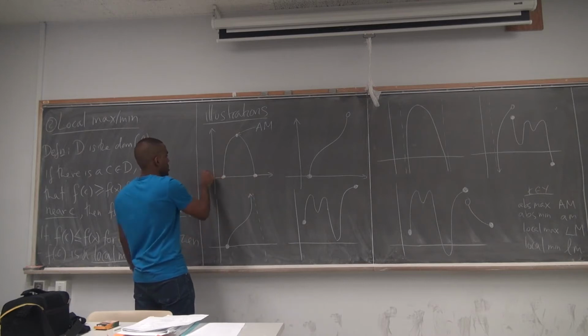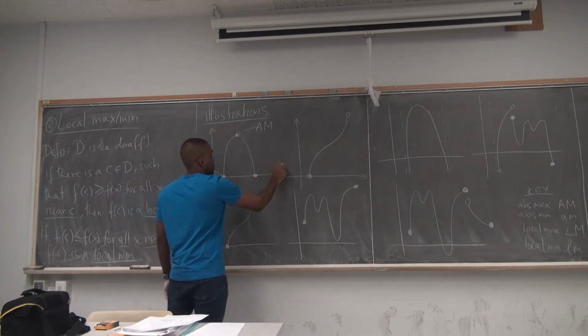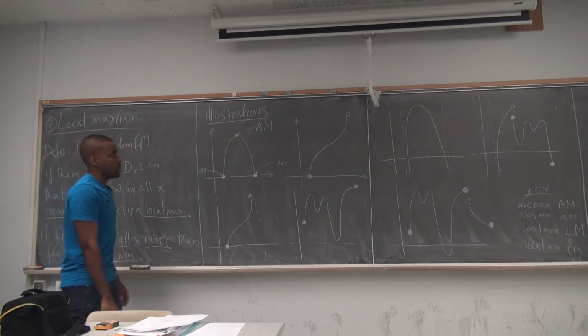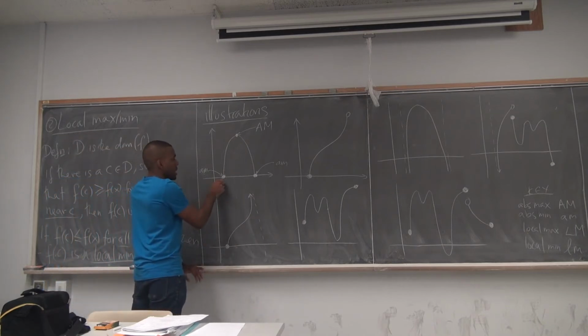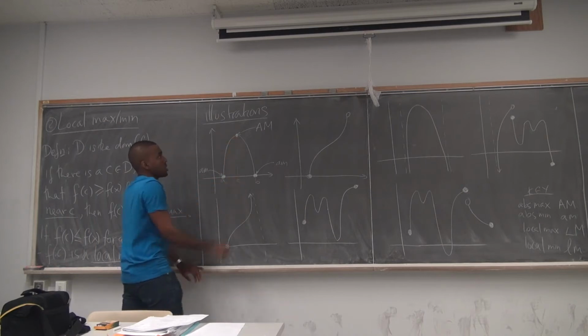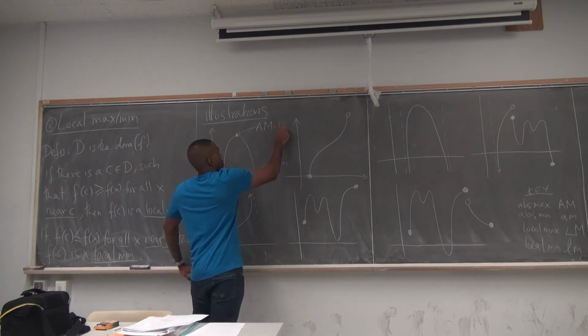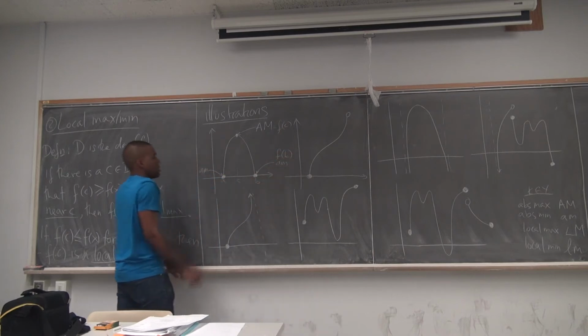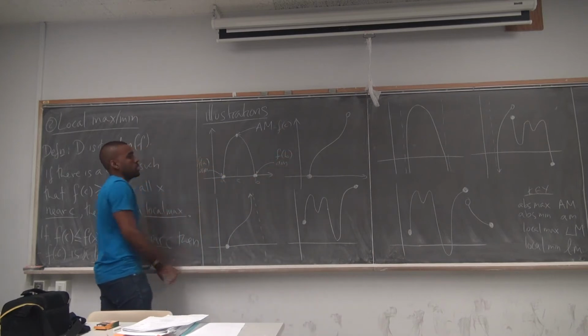Right, so this here, this is an absolute min. This is also an absolute min. So you have two absolute mins here. By the way, if they're labeled like this is A and this is B and the x value for this is C, what you would say is f of C is an absolute max, f of B is an absolute min, and f of A is an absolute min.